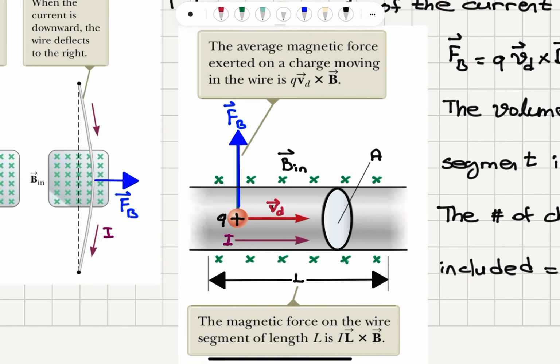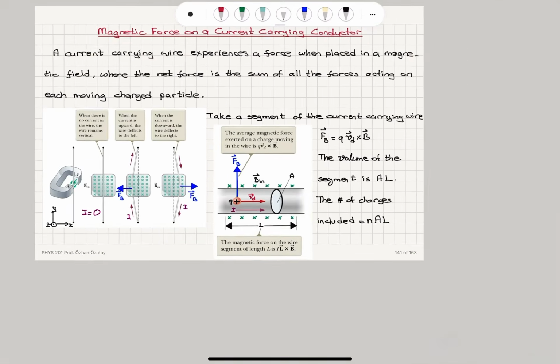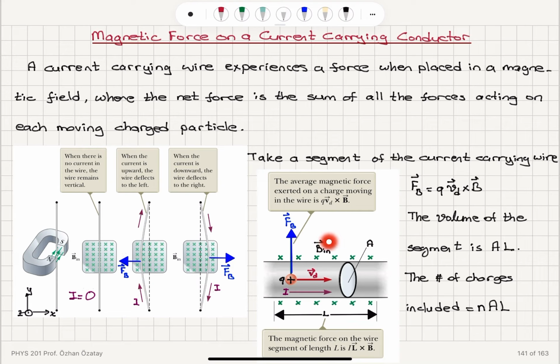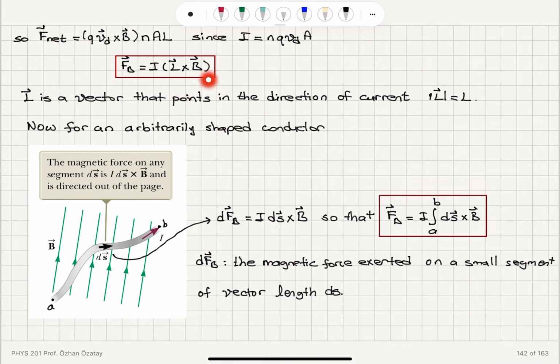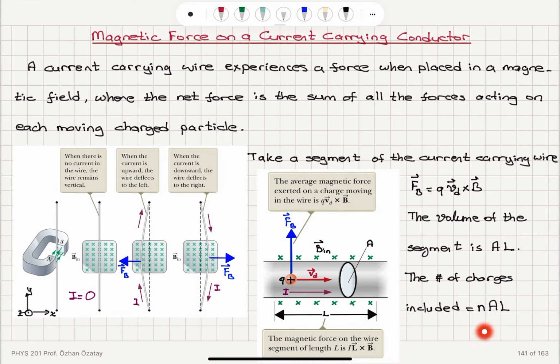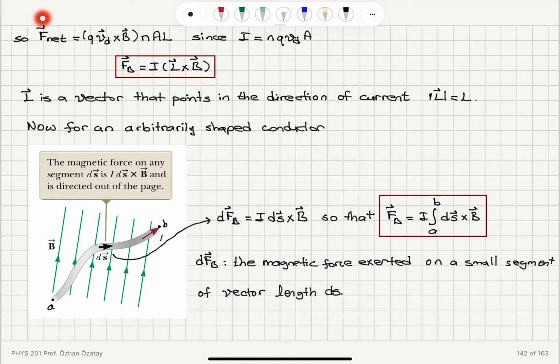We have seen that it's due to moving charged particles within the conductor that feel the Lorentz force qv cross B. If we look at a length L of this conductor, with uniform cross-sectional area A, placed in a uniform magnetic field B, the force acting on this wire will be equal to IL cross B, because the current is nqv drift times A, and we look at the total number of charges nAL within this section, and each of the charges will feel this force qv cross B, so we multiply by nAL to find the net force, which is IL cross B, where L is a vector that points in the direction of the current with magnitude L.